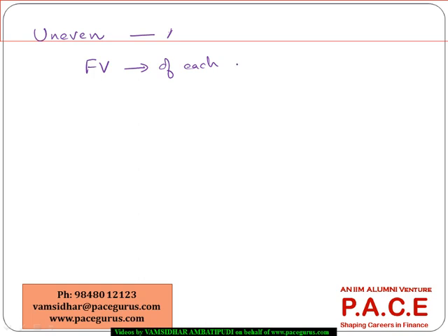We have to compute the future value of each of the cash flows separately to a particular future time period. And if all of them are computed towards the same time period, then I can add up all of them and say that this is the amount that I am going to get in future.